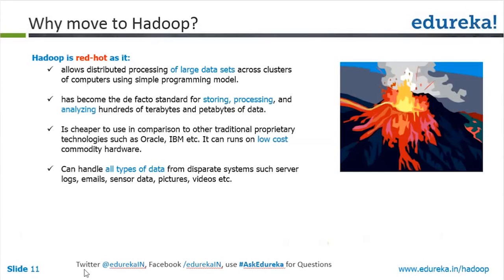And the best thing about Hadoop is the kind of data it can handle. A normal RDBMS solution can only handle structured data, where data is tabbed, delimited, or in a particular sequence. In Hadoop, you can store your email data, video data, audio data, image data, all kinds of data, and process it.